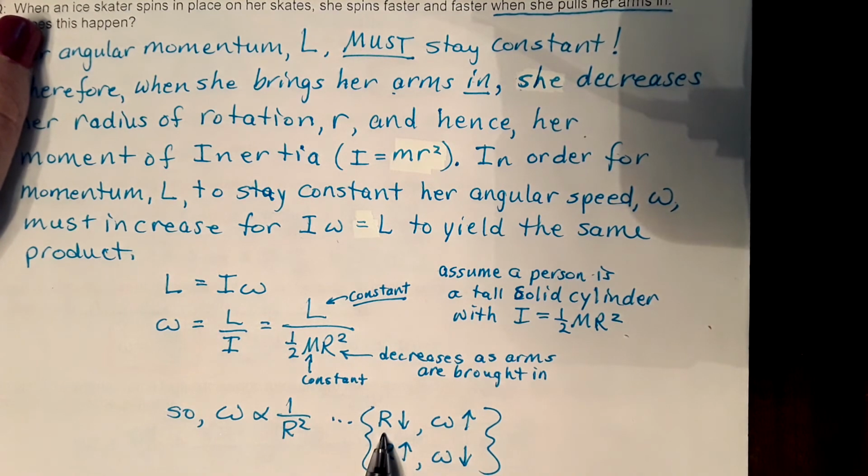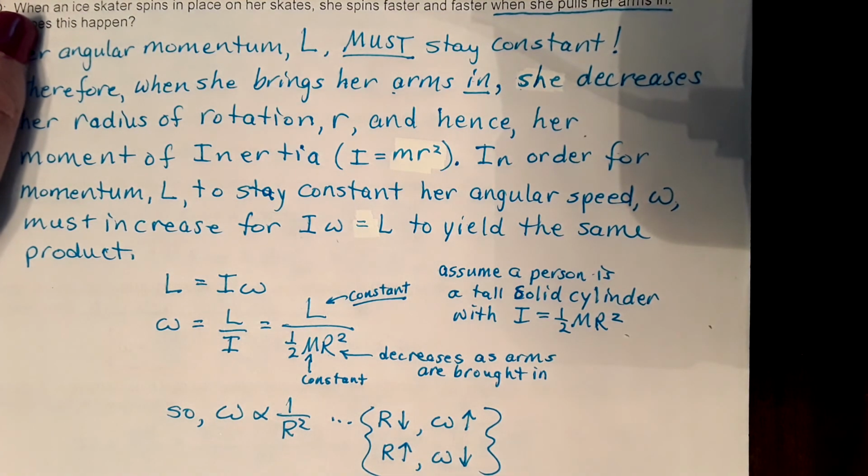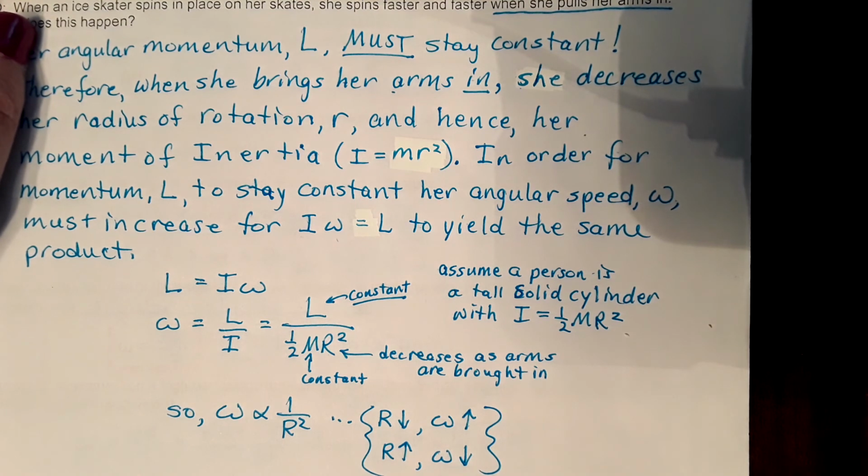So when the radius of the rotating mass decreases, the angular speed must increase. Likewise, if the radius of rotation of the mass increases, then the angular speed must decrease. And that is so that the product L, the angular momentum, stays constant.